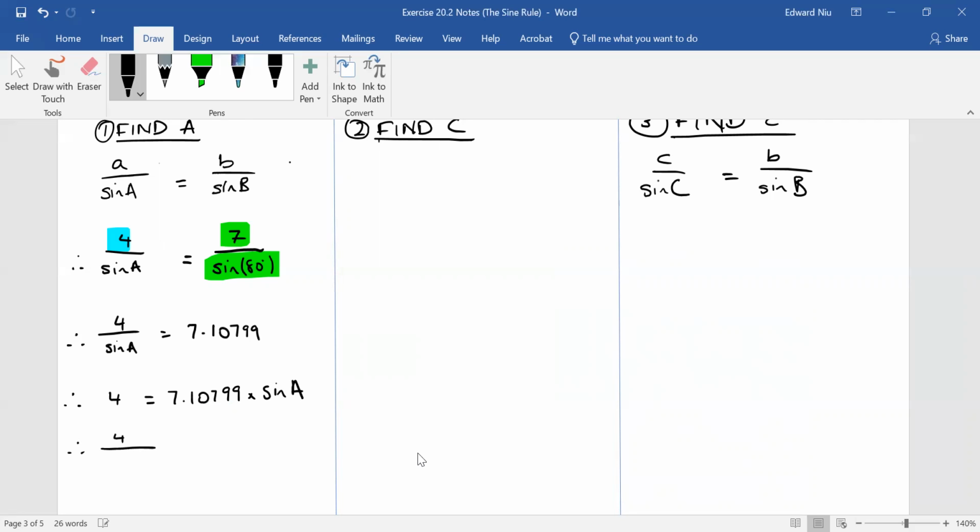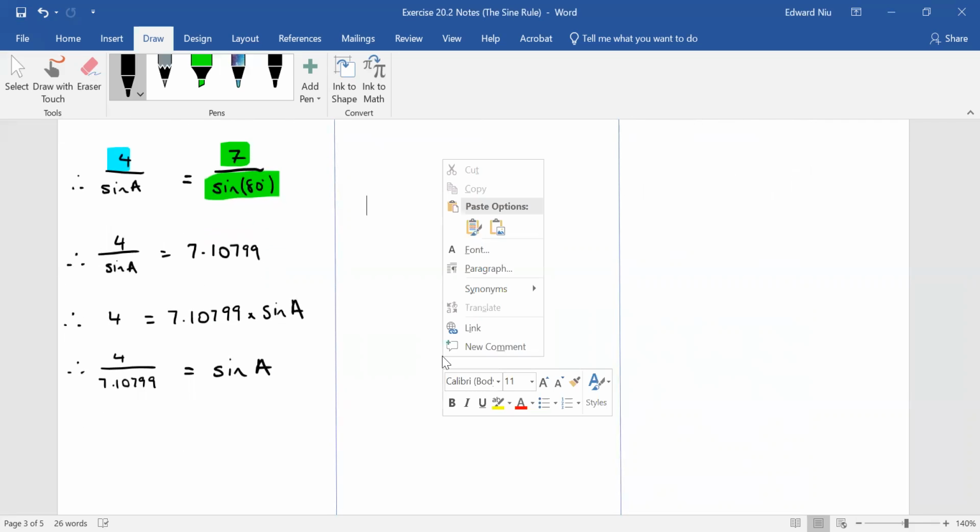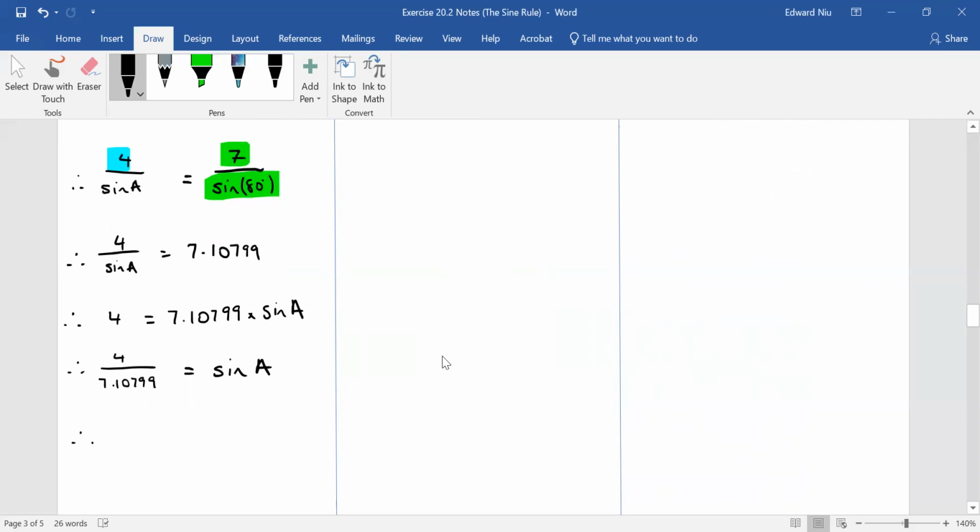So we get 4 divided by 7.10799 equals sine A. Therefore, to get A by itself, the angle, we have to take the sine inverse of both sides. So sine inverse of 4 on 7.10799 equals A. Input this into your calculator. Let me just find it. Oop, that's not it.